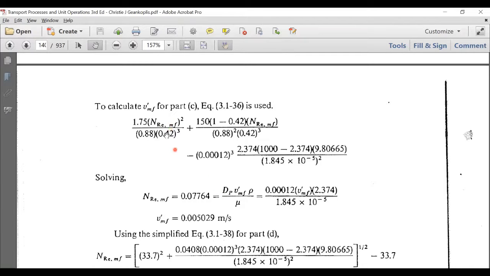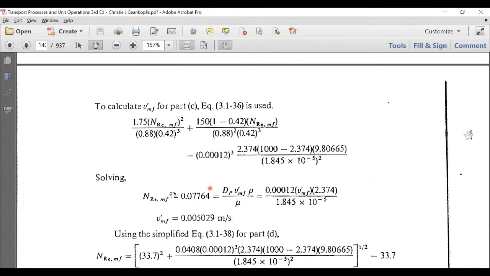But again, you have to fill dp, rho, mu, right? So they use this. After you find the NREMF, we can just substitute all of the known variables, leaving only VMF accent, and we can find VMF.